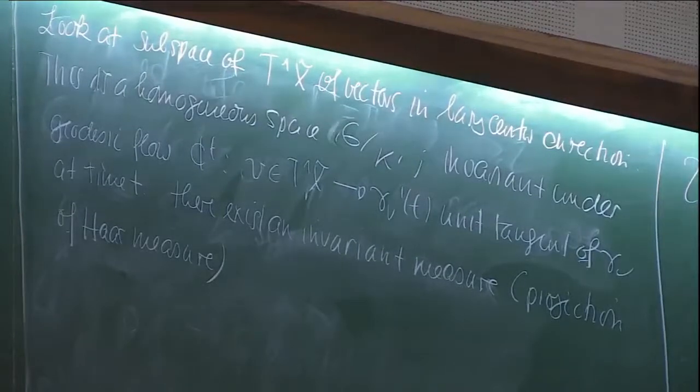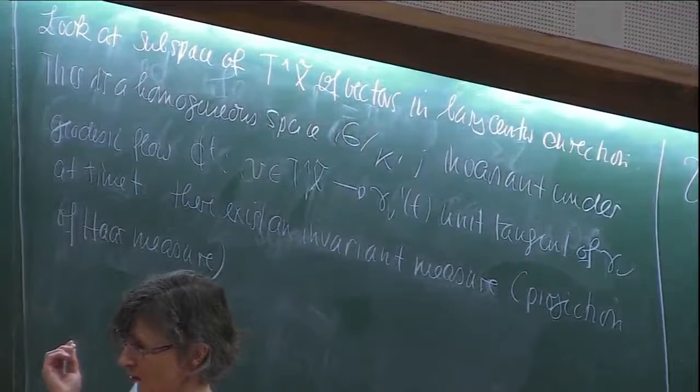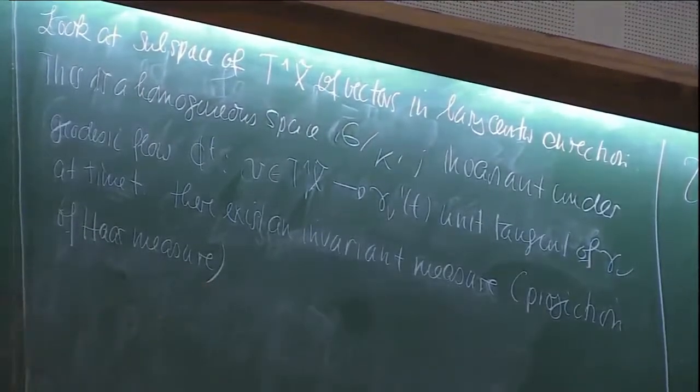This is somehow a projection of the Haar measure. It doesn't have to be a manifold because of the torsion points. It's an orbifold. This is completely harmless. There are these barycenters that come together around the Weyl chambers.